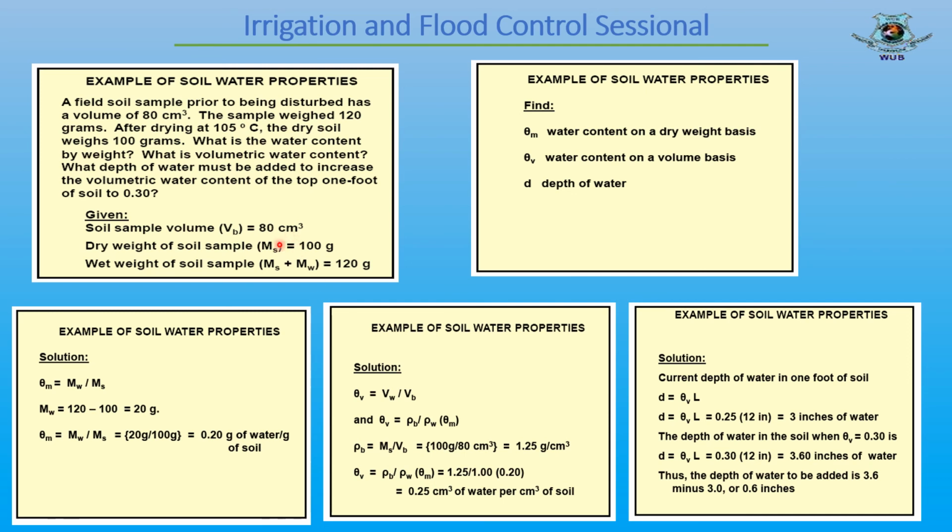So Ms equals 100 gram and bulk volume equals 80 cm³, and substituting these values we get bulk density ρb equals 1.25 gram per cm³. And we know the density of water ρw equals 1 gram per cm³, and replacing all these values in this equation we get water content on volume basis θv equals 0.25 cm³ per cm³.